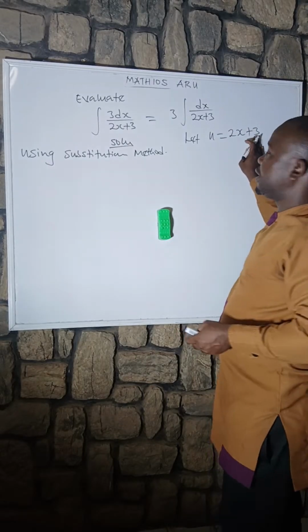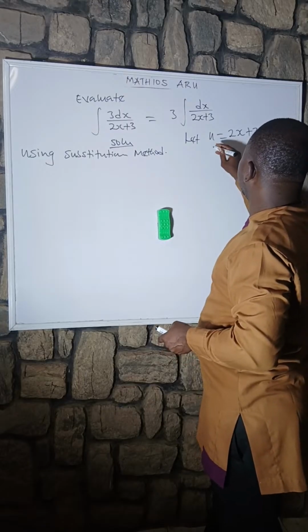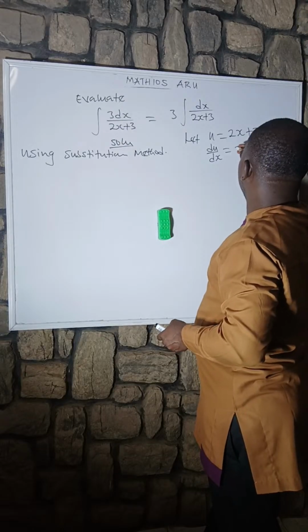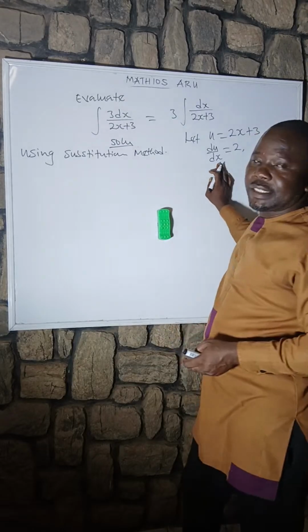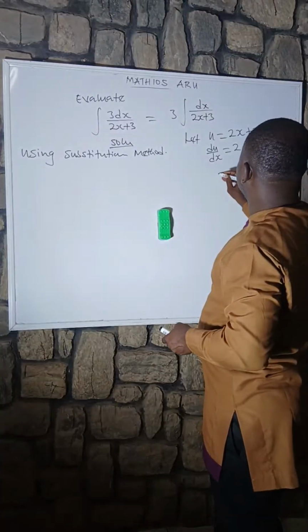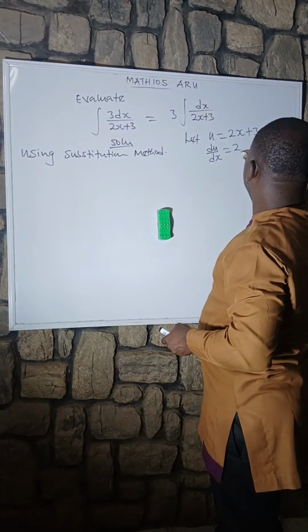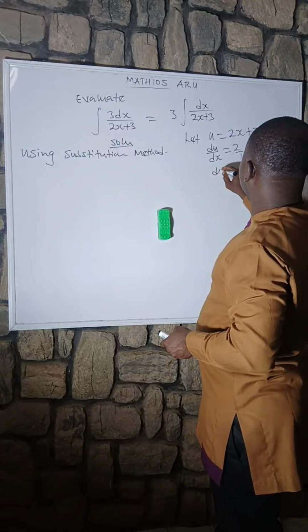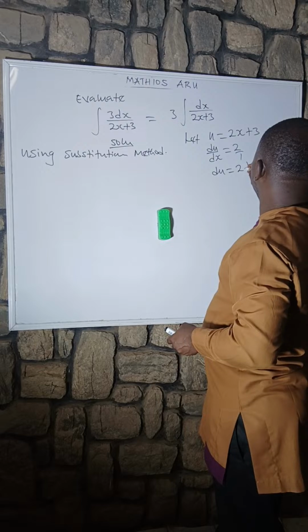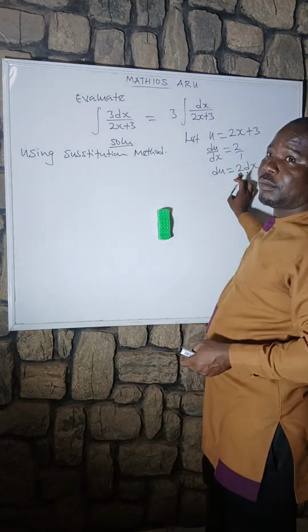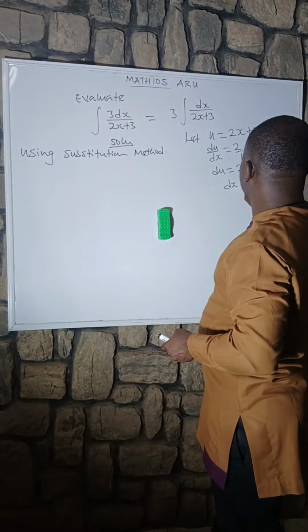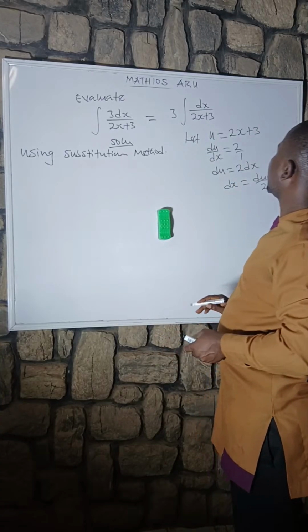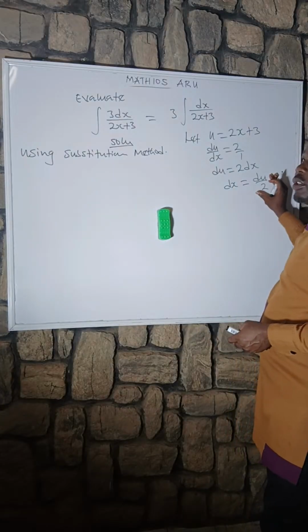So we have to differentiate this function with respect to x. So our du over dx is equal to 2. Then make dx the subject of the formula. When you cross multiply, you are going to have du equals 2 dx, then divide by 2. Now our dx is equal to du over 2. So instead of dx, we substitute in what?